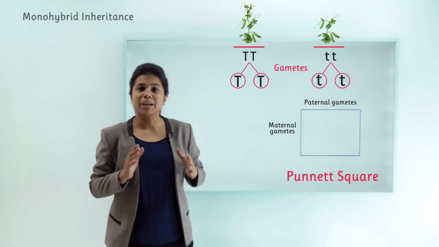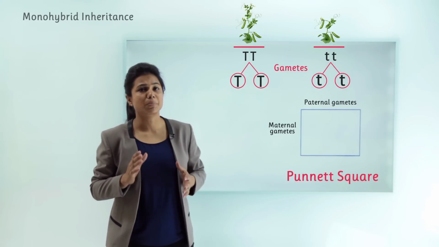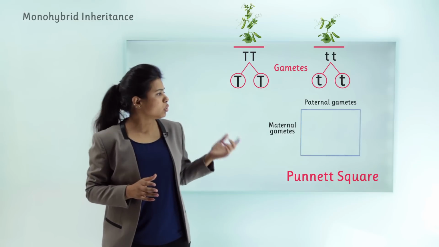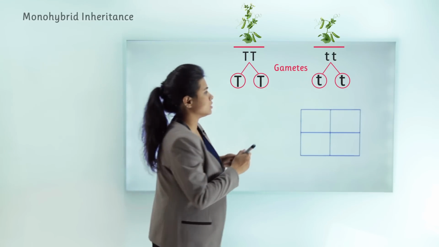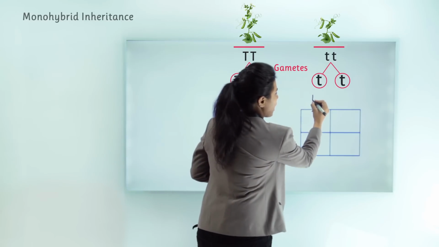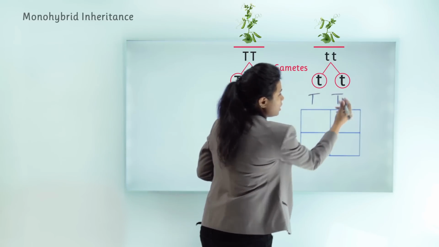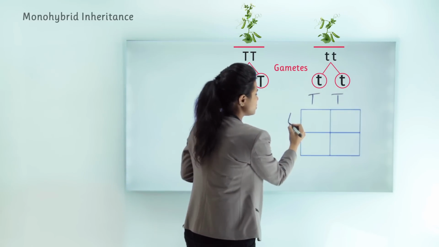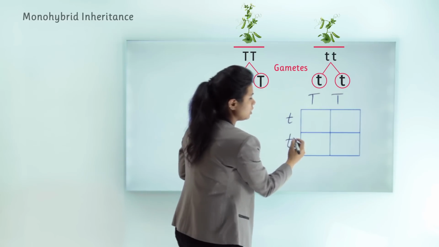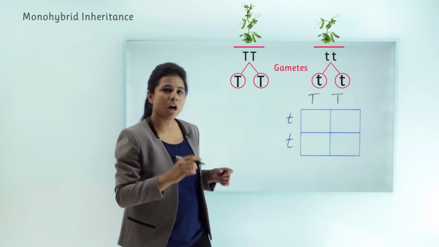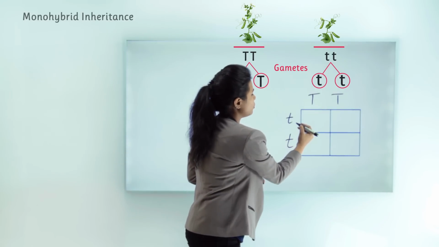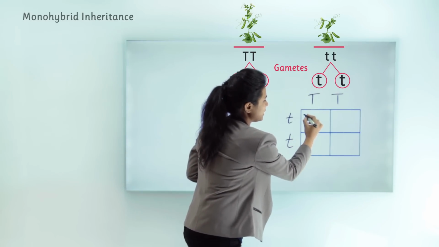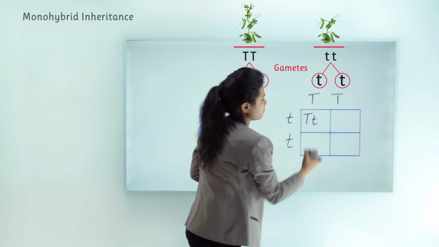Now since we have two gametes each from the parents, we have 2 rows and 2 columns. Now let's fill in the genes here. So we are writing capital T and capital T on the top and small t on the left-hand side. Now we will fuse them. So when I fuse this T with this t, it will become one capital T and a small t.